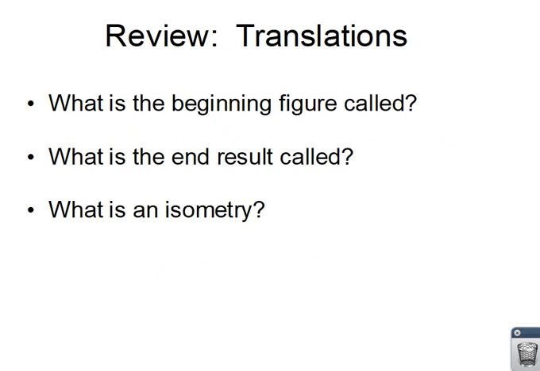All right, so let's go through a little bit of review on a translation or on anything for that matter. What is the beginning figure called? And this is vocabulary, so you should be able to do this. It's called a pre-image. Before we do anything to it, it's called a pre-image. The end result is called the image. This is after we do things.